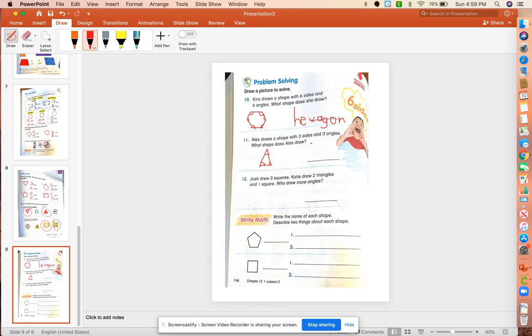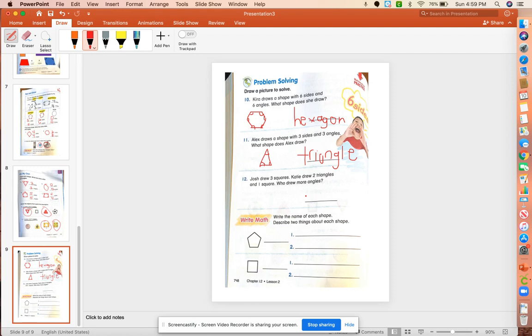This picture is a picture of, I hope you all said, a triangle. Triangle. Number 12 says Josh drew 3 squares, Katie drew 2 triangles and 1 square.